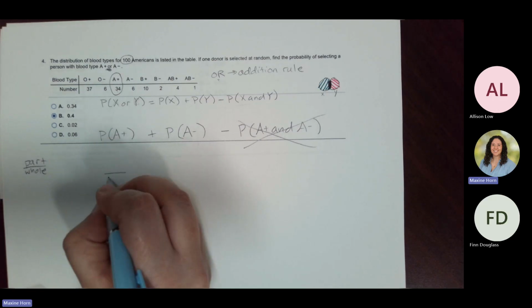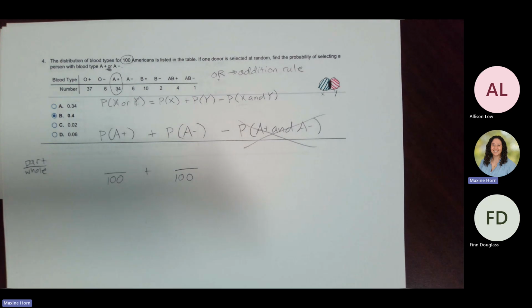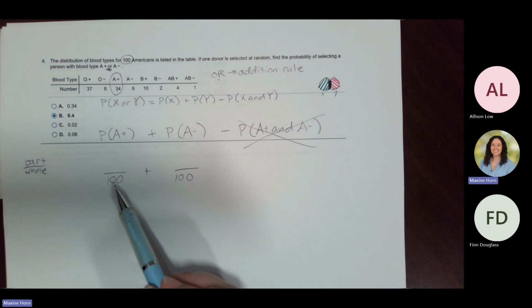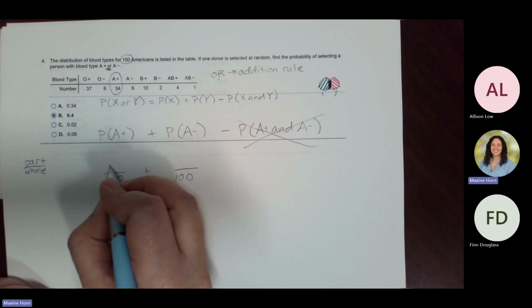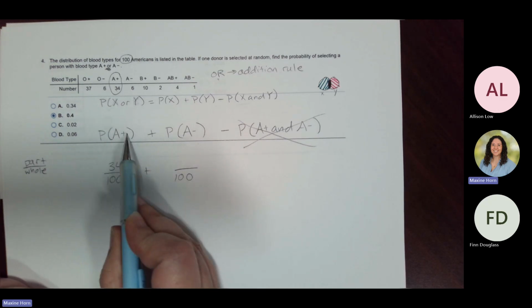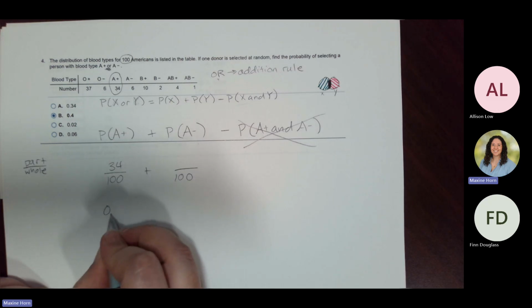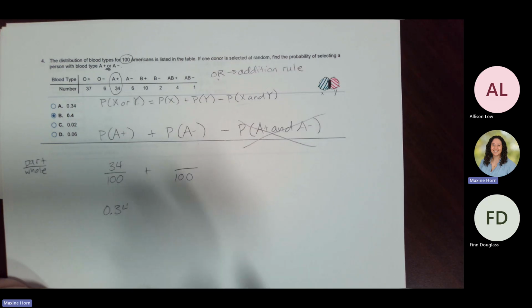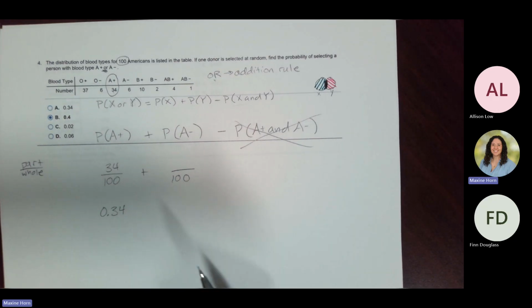So out of the 100, and I'm going to go ahead and set that up for both of these, they both have a denominator of 100. Out of the 100 Americans that were surveyed here, how many of them had A positive blood? 34 of them did. So the probability of A positive blood is 34 out of 100, or we could write that as the decimal 0.34. You don't have to have the 0 there, but it's just 0.34.